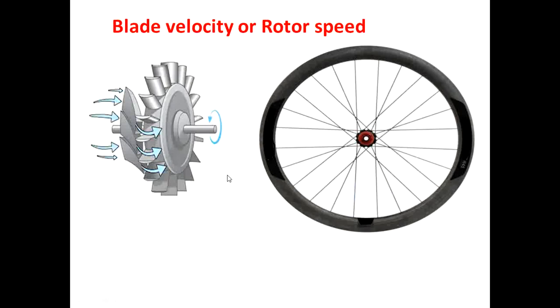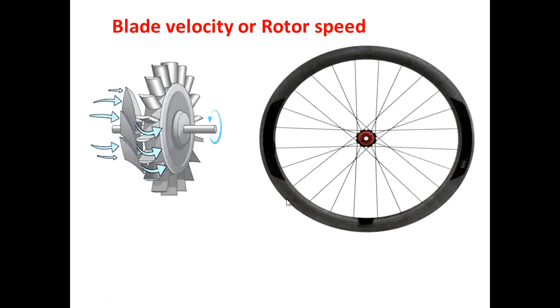Next, blade velocity you want to know. See, I am giving here a cycle tire, and this is the turbo machine. Another one will be the same. So it is rotating, right? Blade velocity or rotor speed. Since blades are mounted on the rotor of the turbo machine, whatever the velocity will be there at that particular point, the same velocity will be there for the rotor and the blade.